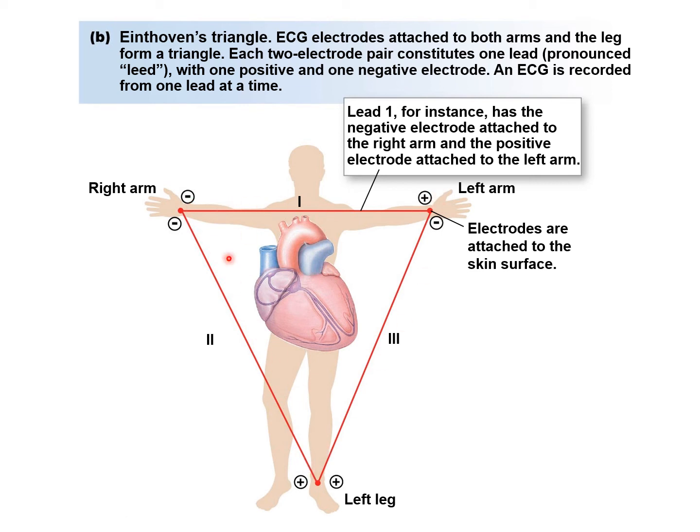In fact, 3 of the 12 leads, when I talked about the 12 lead ECGs, are 1, 2, and 3. The one you're probably most used to looking at is lead 2. That's the one that runs the most parallel in terms of angle to the long axis of the heart, and it traditionally has been the most common of leads to look at.